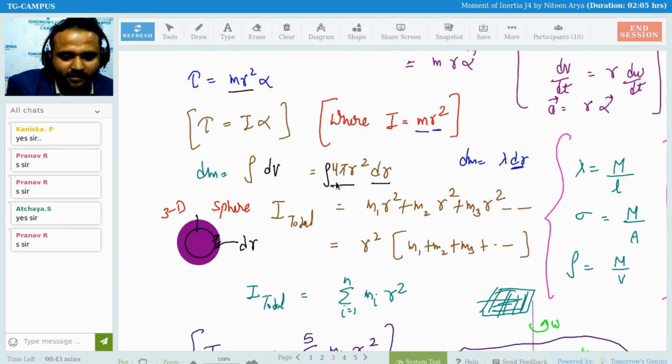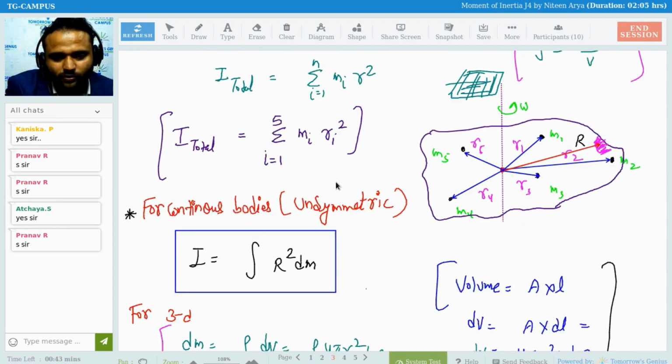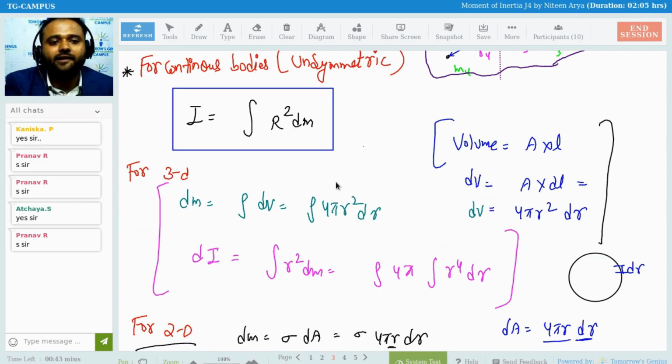So basically, the main idea behind telling you this concept is important. This one, dm is rho dV, rho 4 pi r square dr. So for the 3D thing, dV is rho 4 pi r square dr, which is dm basically.